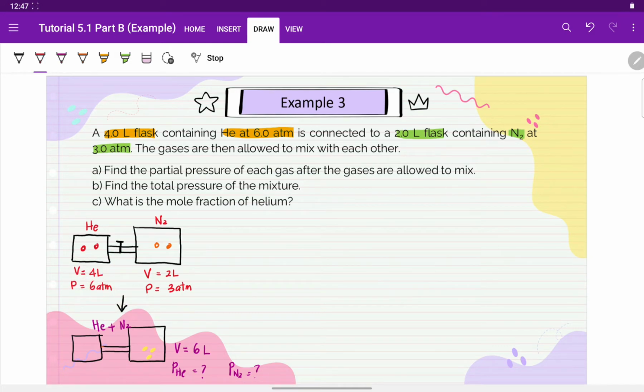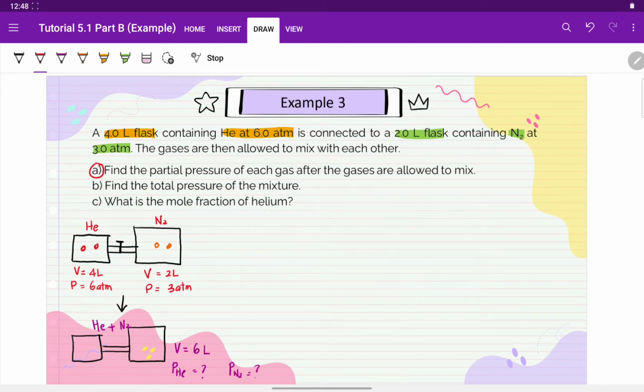So, maksudnya dekat sini, apa yang kita akan nampak adalah, calculation kita untuk soalan A, actually, kalau awak nampak dekat sini, apa yang berubah? Volume dan juga pressure. So, ingat balik, kalau pressure dan volume berubah, number of mole dan temperature adalah constant, dia akan melibatkan which gas law?